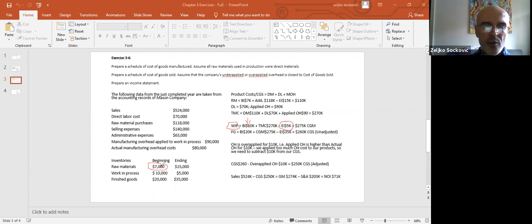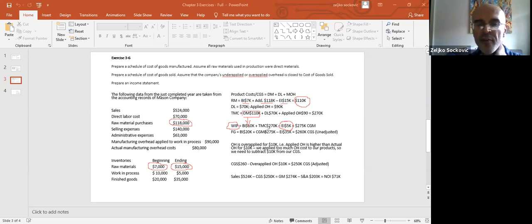Well, let's see first this way. 7, and then we have ending of 15. And we purchased what? 118. So that was 7, and we added 118 minus 15. So 110K was materials that we used, right? Here.